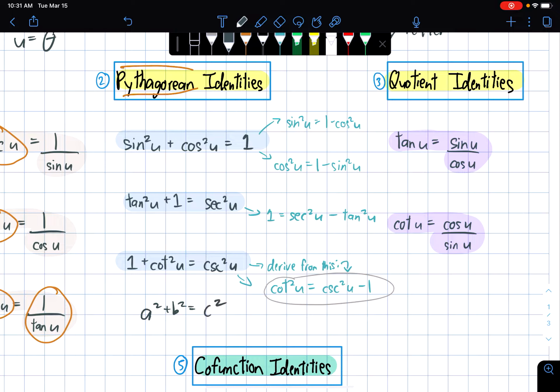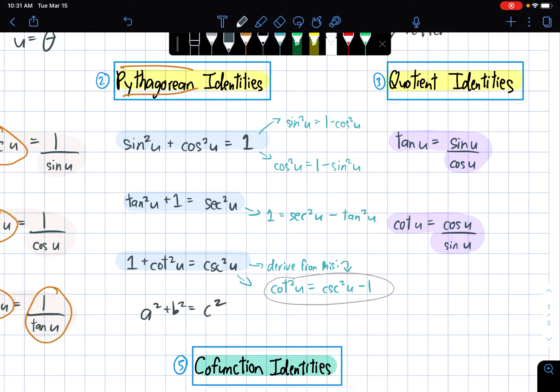It's similar to the Pythagorean theorem, but of course there are differences. I can't really say much about the comparison between Pythagorean identities and the Pythagorean theorem, but what you have to know is you have to memorize these formulas.